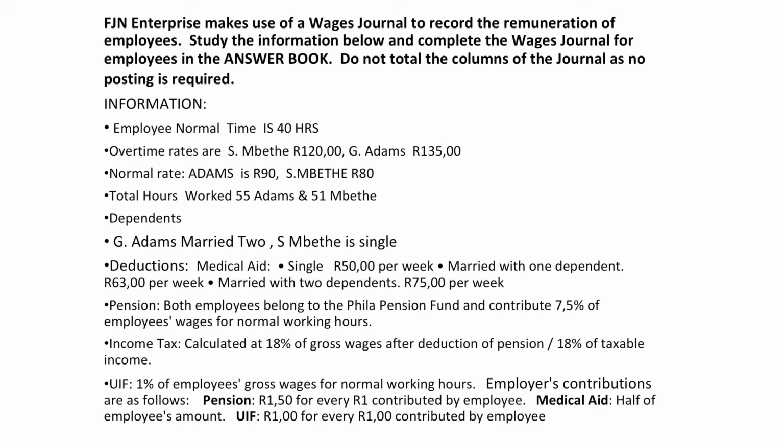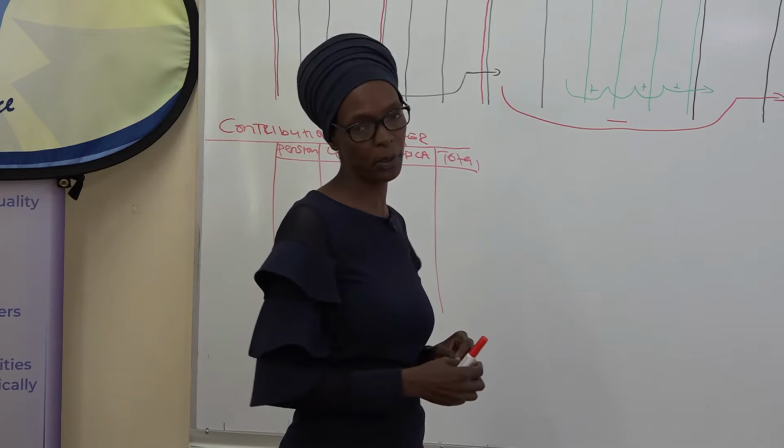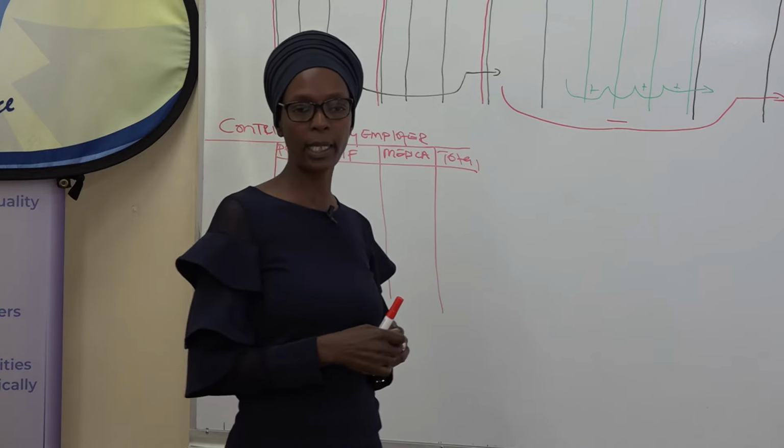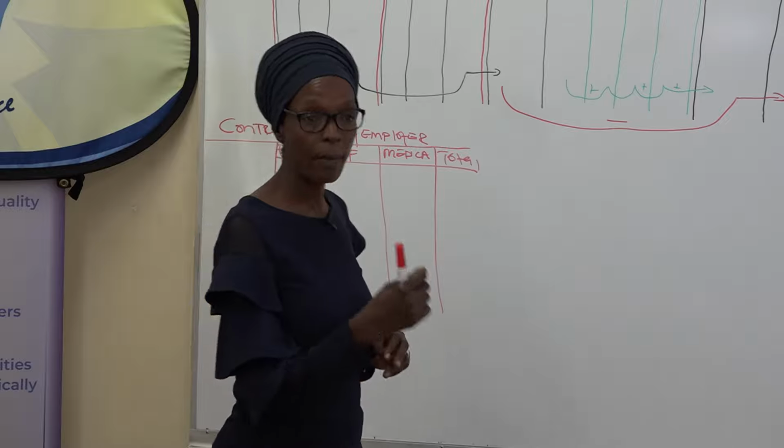That means the employer contributes 50% of the employee's contribution, or they can say the employer contributes half the amount of the employee's contribution. The UIF is 1 rand for every rand contributed by the employee. Sometimes they can say the employer contributes the same amount contributed by the employee, or the employer contributes on a rand for rand basis.